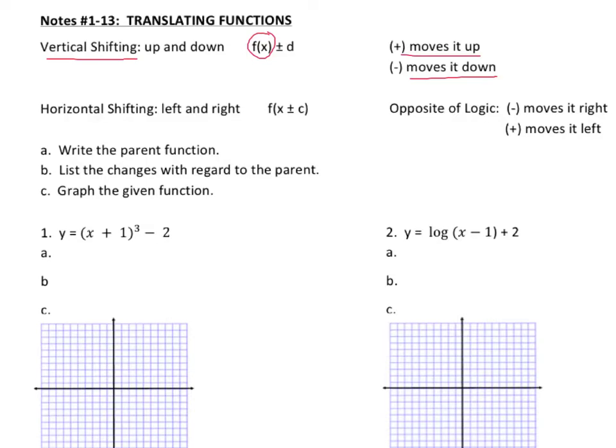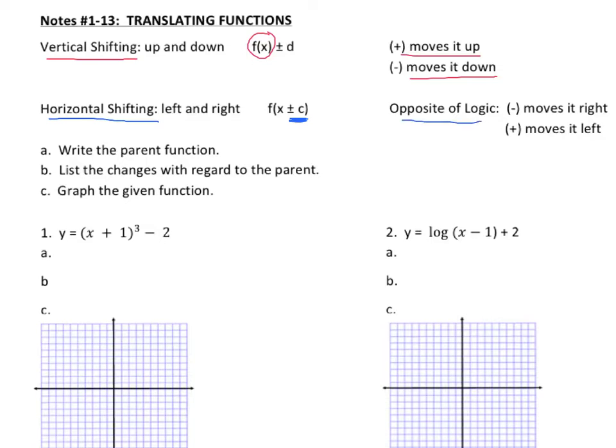Okay, so when we look at horizontal shifting, the horizontal shift means that it moves left or right. Well, it's going to be inside the function. So if you've got a function and in parentheses you have a plus or a minus some number, we're just going to call it c for right now. If you have a plus, it is opposite of logic.